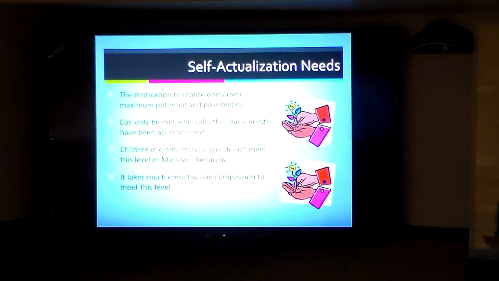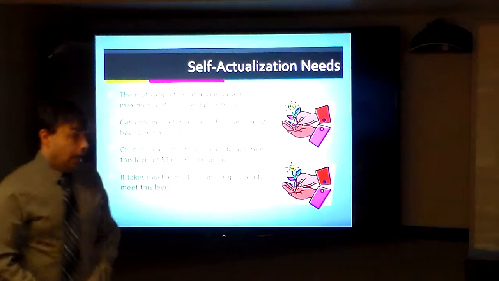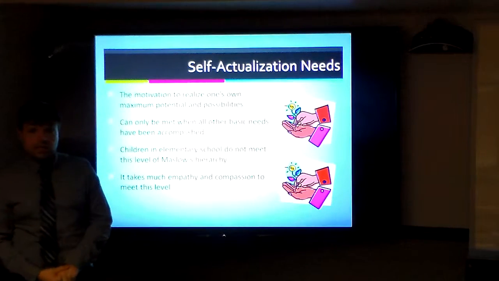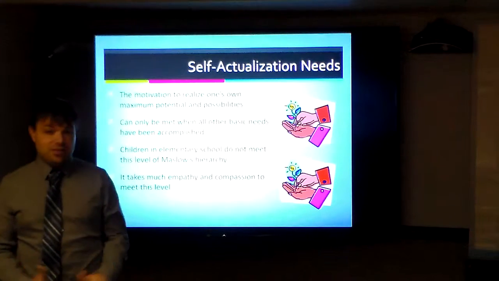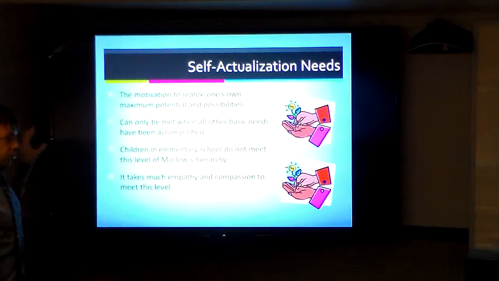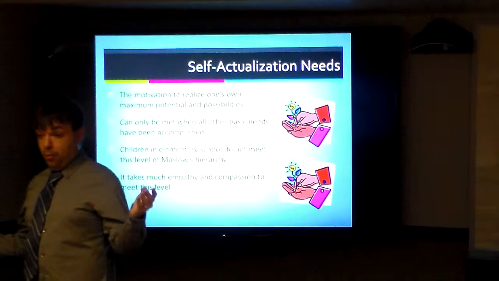Self-actualization is when you know and understand your maximum potential and possibilities. I'm in my mid-30s, and I have not reached self-actualization yet, and I probably won't until I'm in my 40s or 50s, if I ever do. Most people do not meet self-actualization needs. Children in elementary school will not meet this because they don't know their maximum potential and possibilities yet.